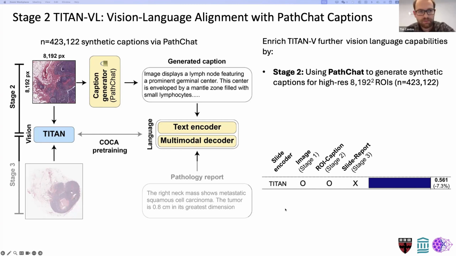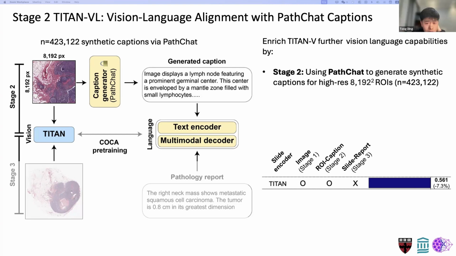Can I ask a quick question, please? Yeah, sure. We've got a couple of questions actually. So first of all, my question is, how can we be sure how accurate the ground truth labels that we're getting from PathChat are for these ROIs? We have got a second question in the chat, but I'll wait to answer that one first.